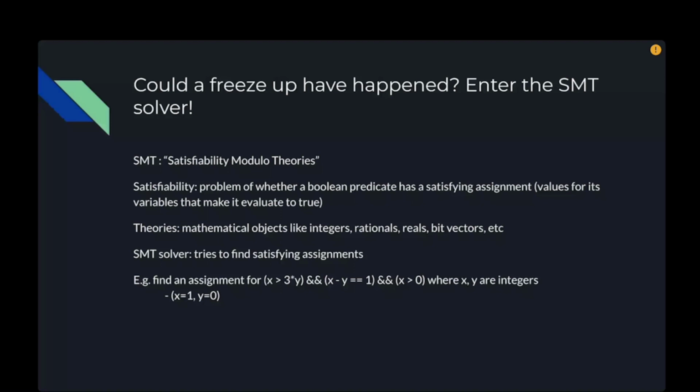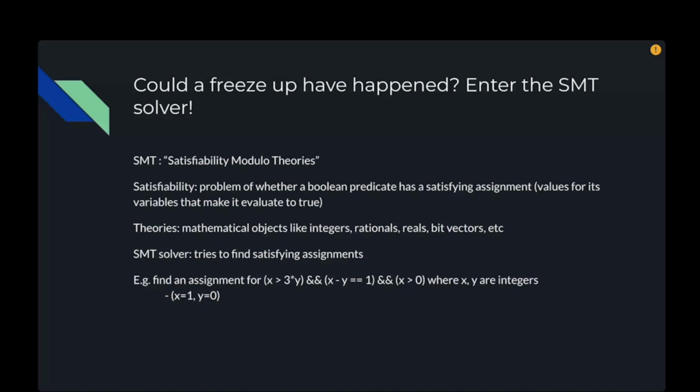Theories in this context means mathematical objects like integers, rationals, reals, bit vectors. That means your Boolean predicates can include statements about objects from these theories, like A less than B, where A and B are integers or rationals or something. An SMT solver will then try to find satisfying assignments to SMT expressions.